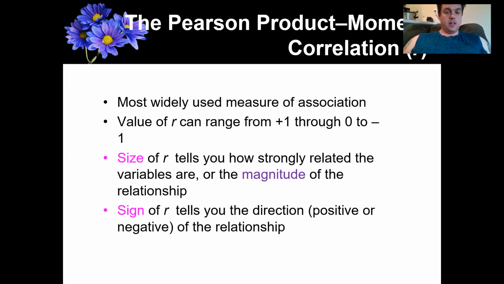Also, the sign of R tells you the direction of the relationship. When we have a +1, that means there's a positive correlation. So +1 or anything positive means that as one variable goes up, the other one tends to go up as well.